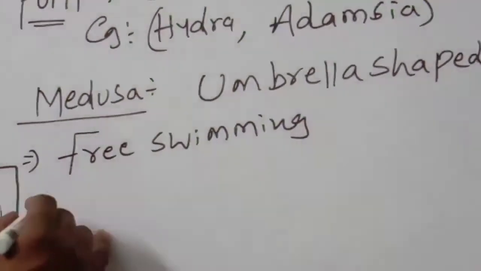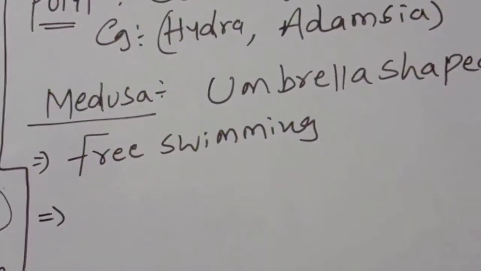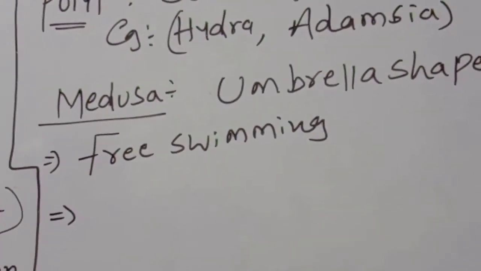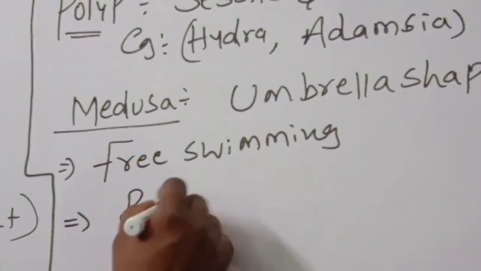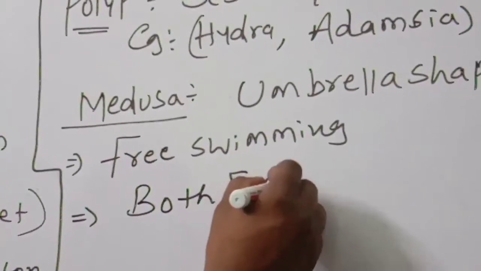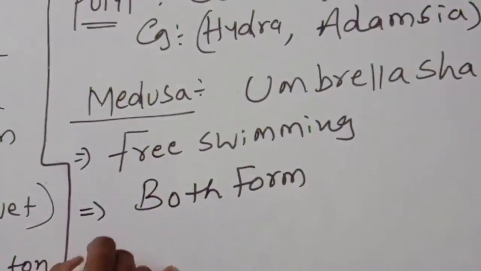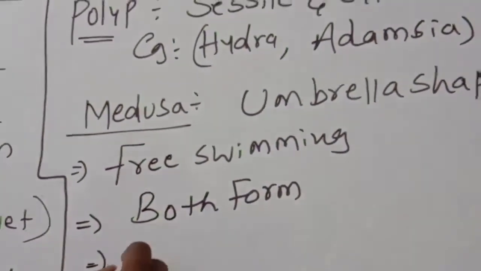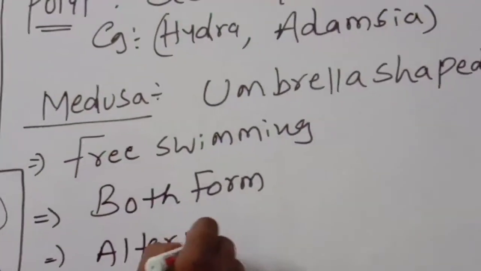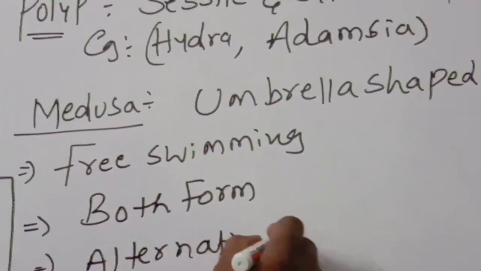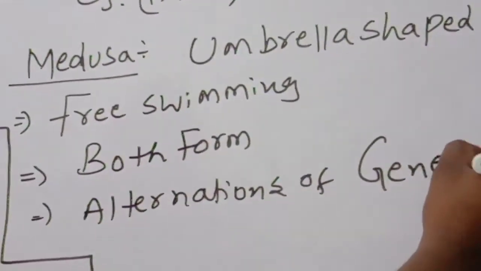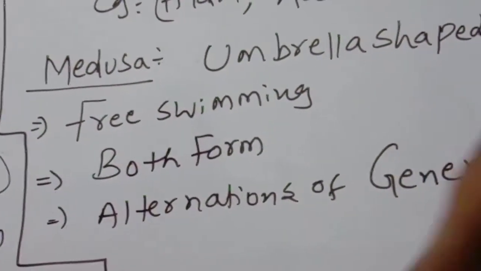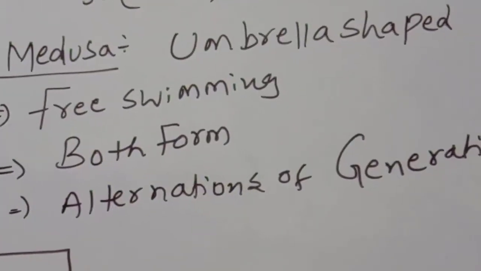Next, cnidarians which exhibit both forms also exhibit alternation of generations.